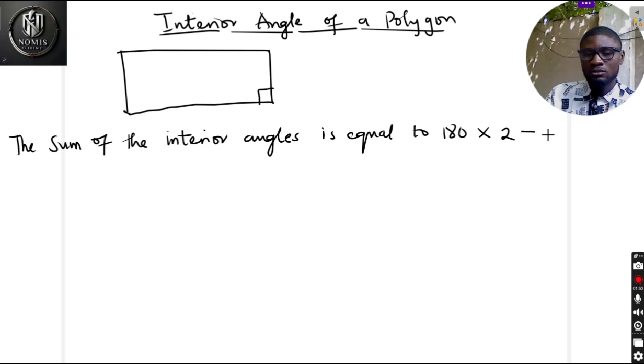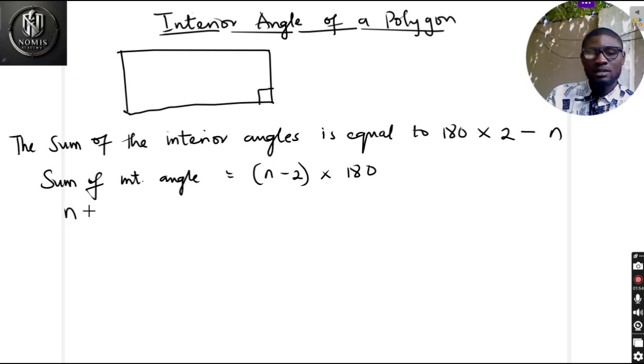Let's say the number of sides is n. So 2 subtracted from the number of sides. So this will be well written as: sum of interior angles of a polygon equals n minus 2 multiplied by 180.